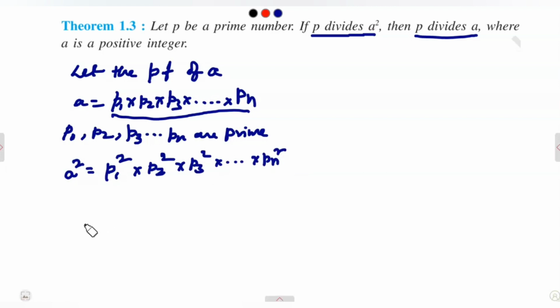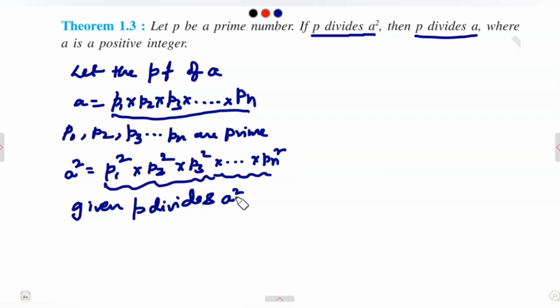Now, given in the statement that p divides a square, we need to prove that p divides a. So if p divides a square, what do we mean by that? By the fundamental theorem of arithmetic, p should be one of the factors of a square, right?